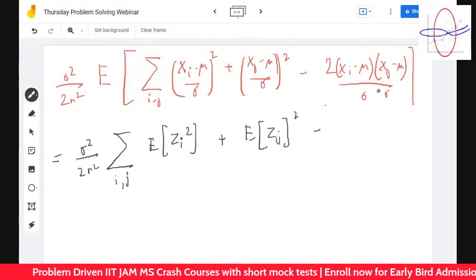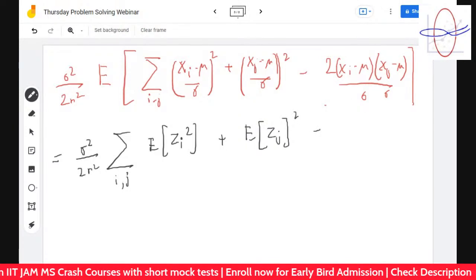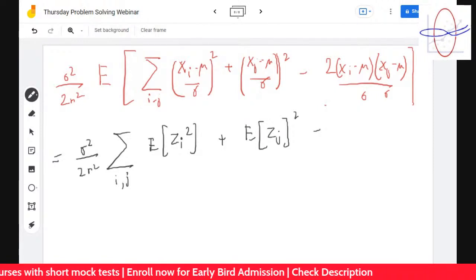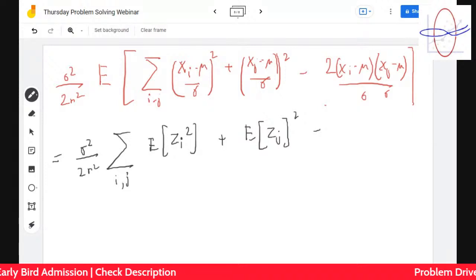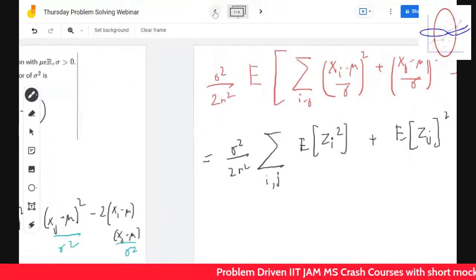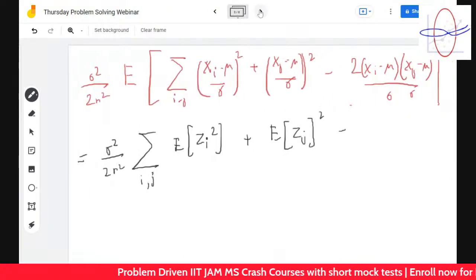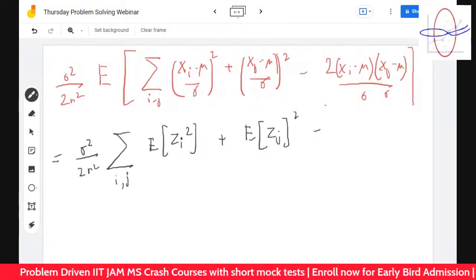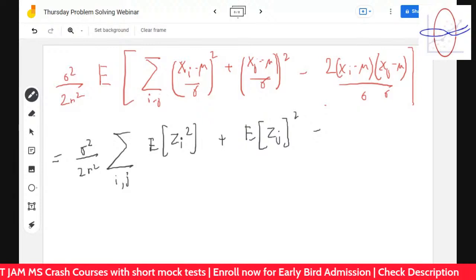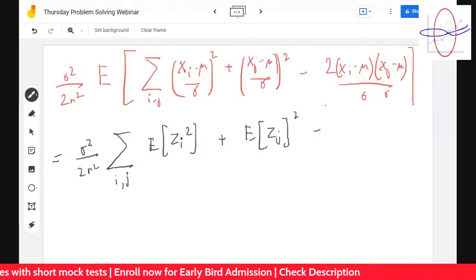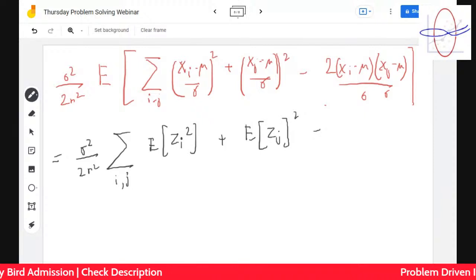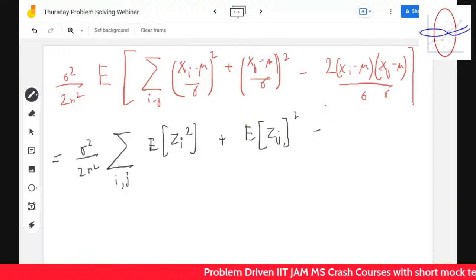Minus, can you tell me what this will be, guys? Can you tell me what this will be? Anyone? Why will this be 0? Standard normal mean? What does it mean? Tell me why this will be 0.